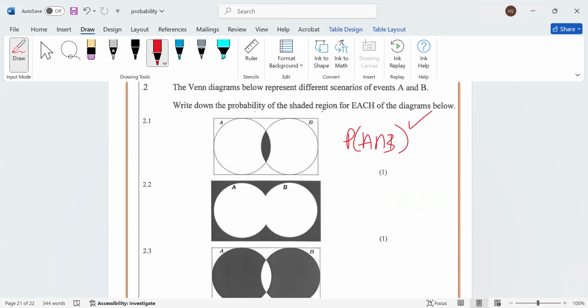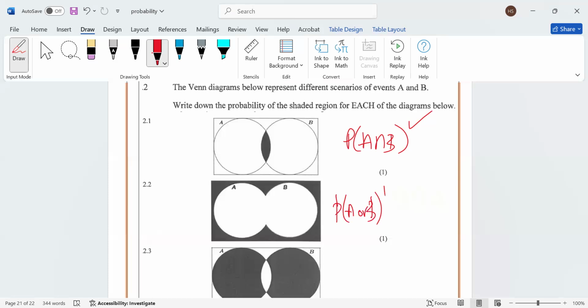It is the probability of not A or B. So the probability of A or B not is the probability of not A and not B. If you put the symbol inside or outside the bracket, what is very important is the not.